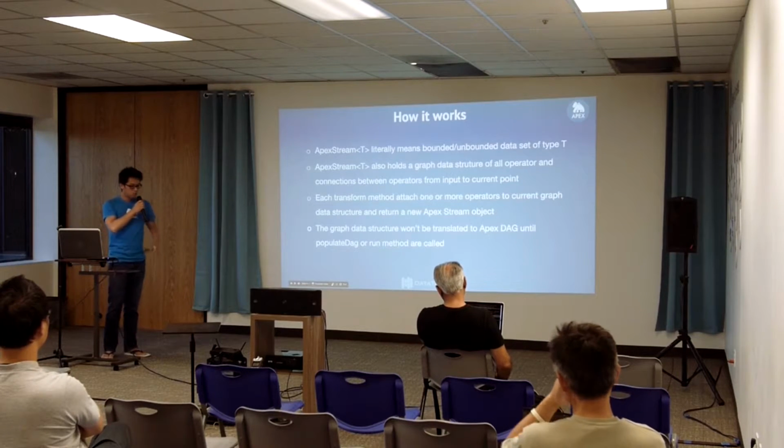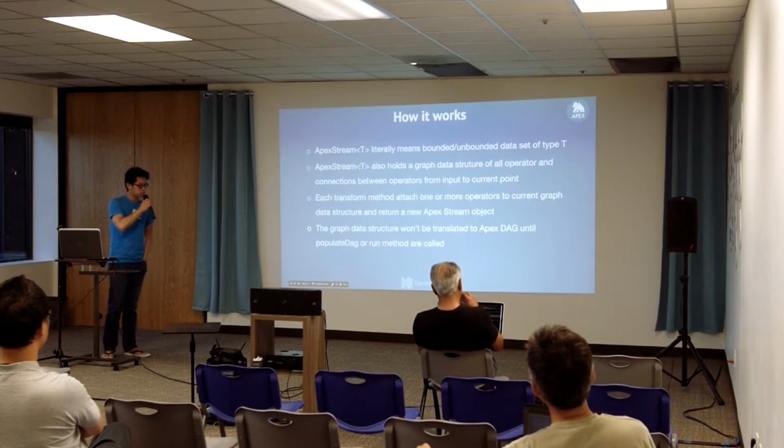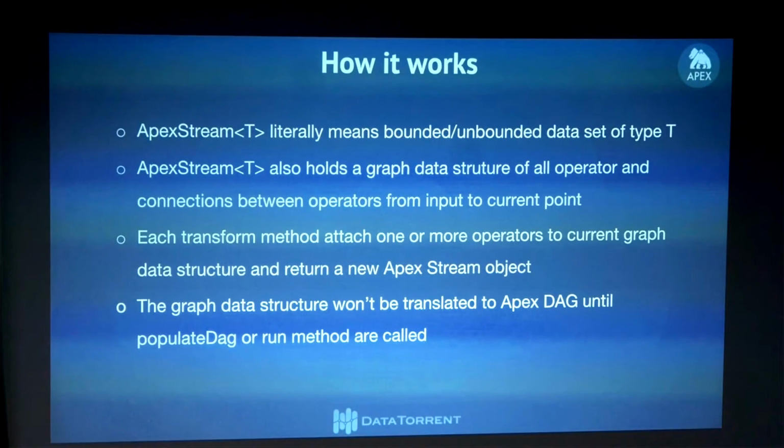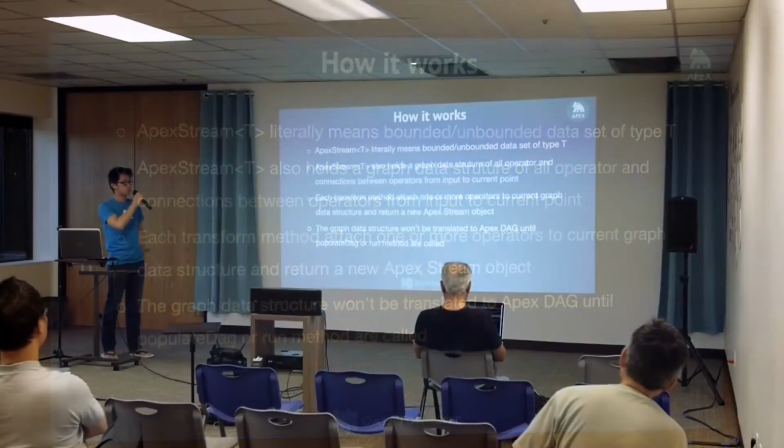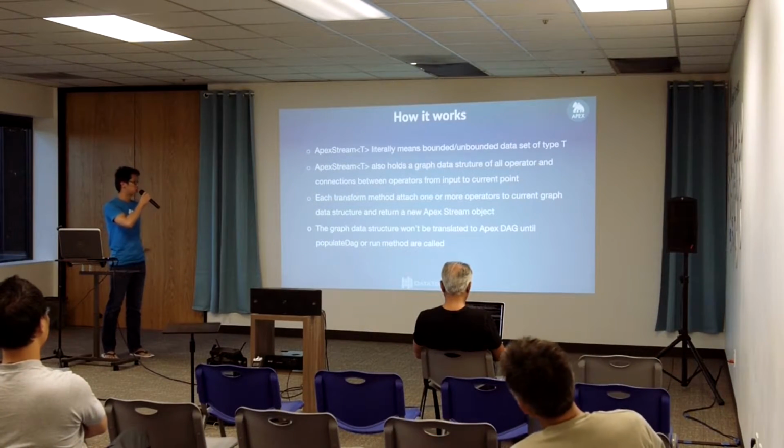Okay, so I want to talk a little about the default implementation we have for the Apex Stream interface and WindowsStream interface and how it works. Literally, Apex Stream of type T means a bounded or unbounded dataset of type T. But in the implementation, the Apex Stream of type T also holds a graph data structure, which includes all the operators and connections between operators from the source to the current point.